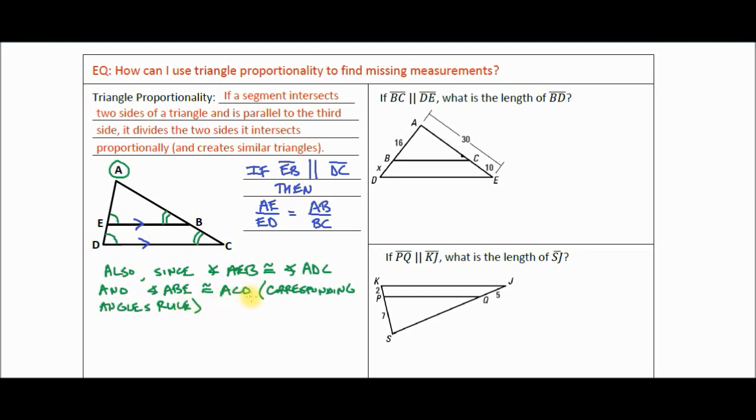Now think about it. Since we know that, take a look at these two triangles. The original triangle and the smaller triangle, those two triangles are similar.